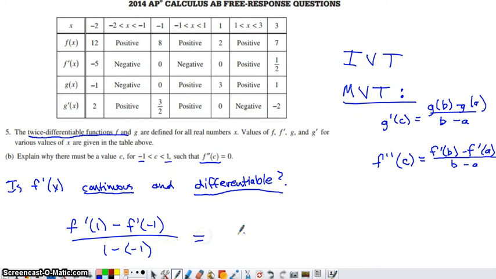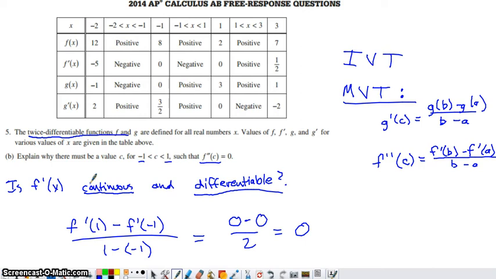If you simplify this, the denominator is going to be a 2. And in the numerator, if we go to our table, we know that f prime of 1 is 0, and then minus f prime of -1. Here's the row for f prime, there's the column for when x is -1. That's another 0. So we have 0 over 2.